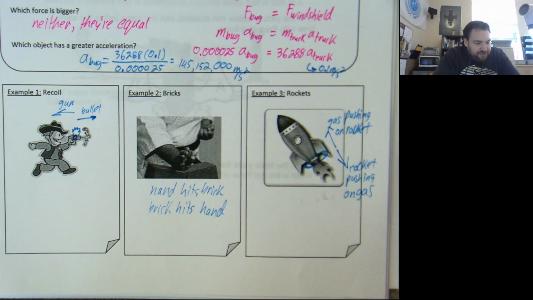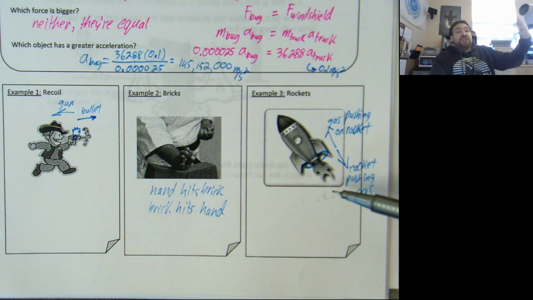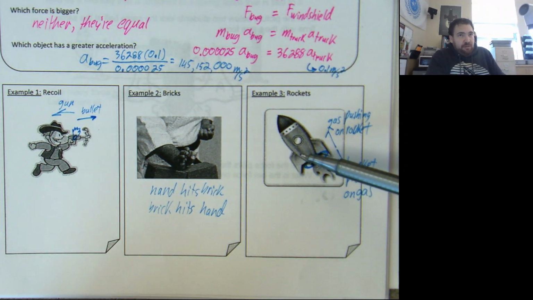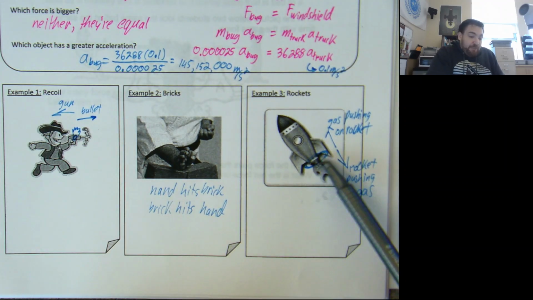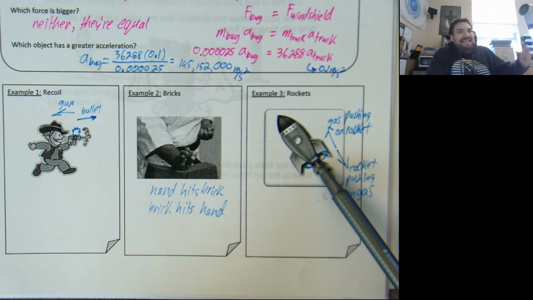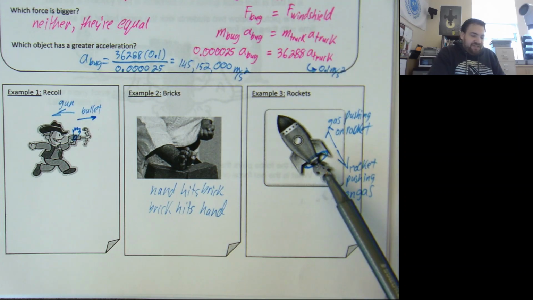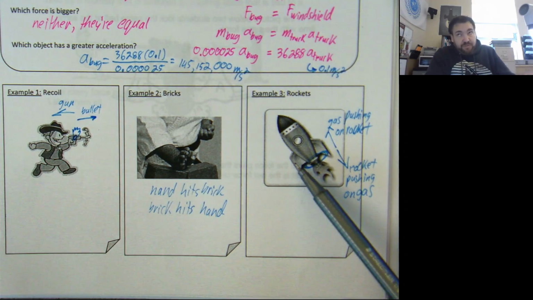Sometimes students will suggest that, well, in the atmosphere, this ejecting gas is actually pushing on the atmosphere. That's not true. If that were true, a rocket wouldn't work in space. The rocket is pushing on the explosion that's happening inside the rocket, which causes the gas to get ejected out the back and the rocket to move forward.